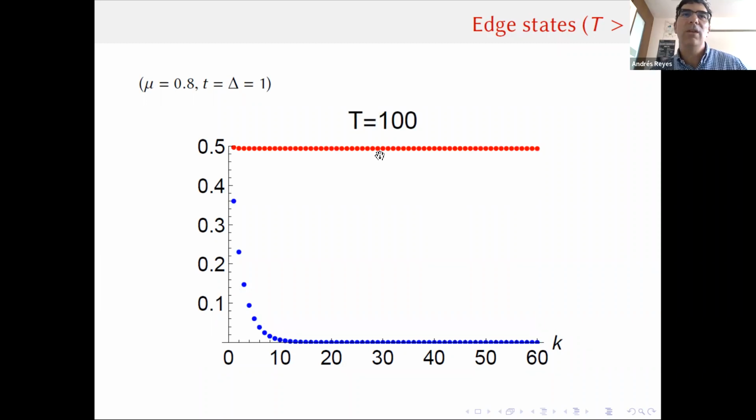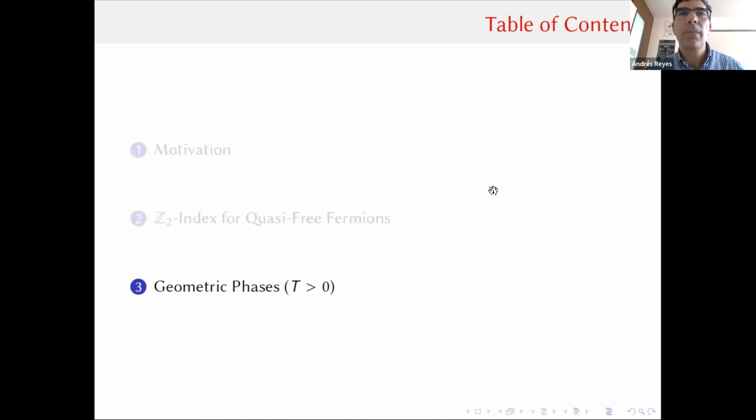If I keep increasing the temperature, then this edge effect will be washed away completely. Okay, so with this, what we want to do now is to have a geometric tool that allows us to say something about these edge states and about the magnetization I was discussing before.